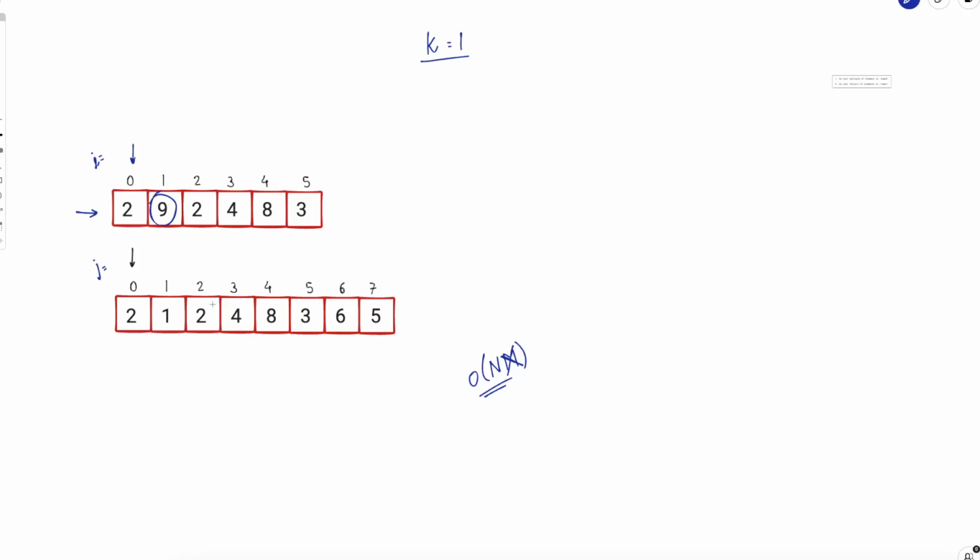Now what does this mean? For this i, you want all possible j which are valid. So in other words, you want all the numbers with which 9 is divisible by, right? So 9 is divisible by all its factors. All possible factors of 9 are 1, 3, 9.